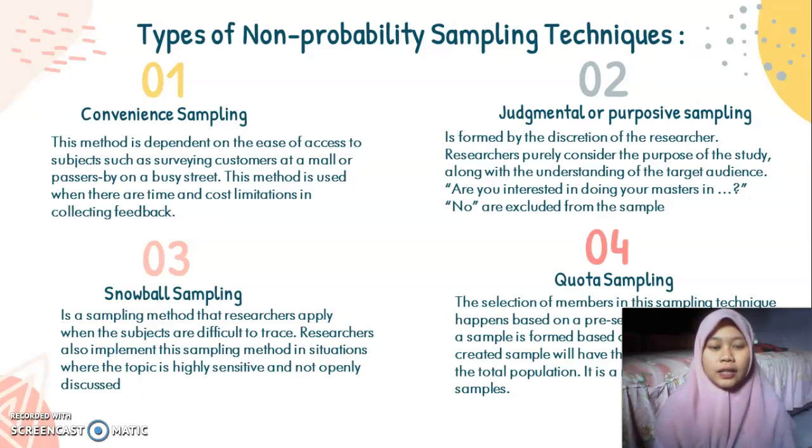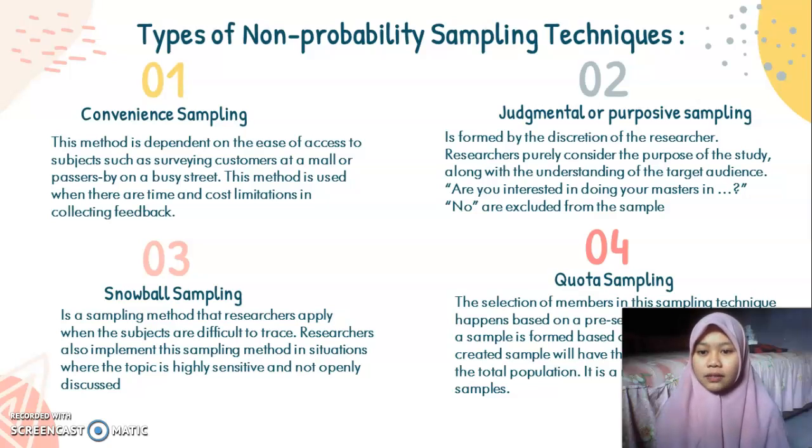So here, in this sampling, we can give a brochure to all the people who pass by in a mall or a busy street. Then second, judgmental or purposive sampling is formed by the researcher.